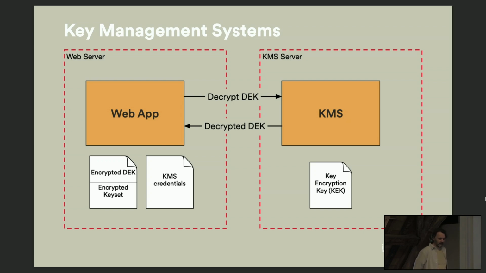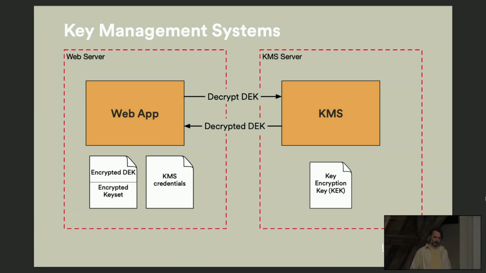So the way that Tink encrypted key sets work is that it generates a random data encryption key, DEK, and encrypts the key set file with that. And then you call the KMS and say, right, can you encrypt that DEK with your key encryption key? This is usually called envelope encryption.